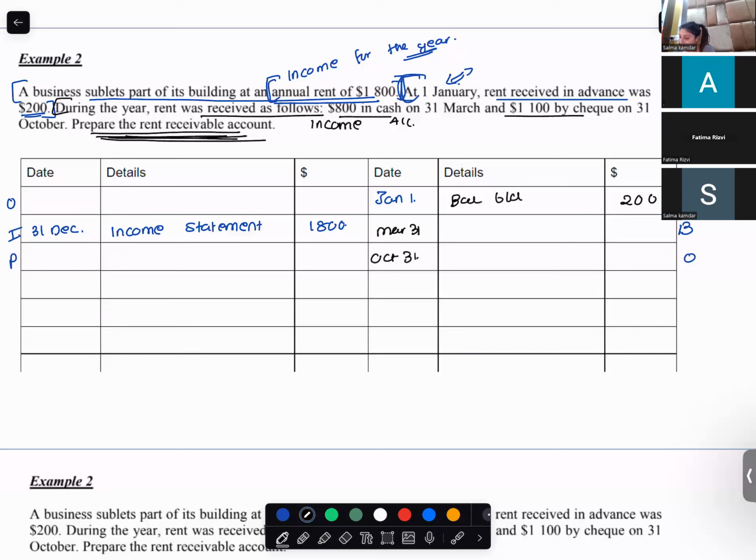What will you write? Cash and bank. Amount? Cash 800, bank 1,100.